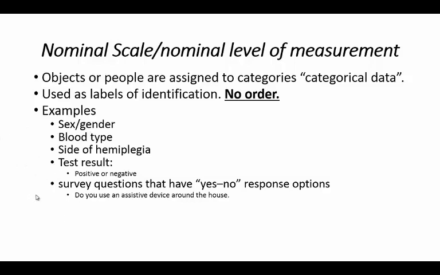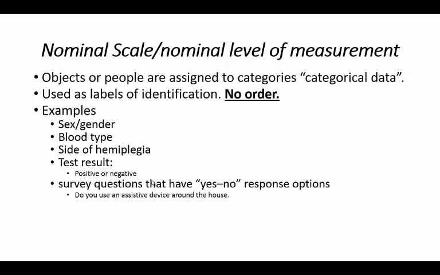If you have a patient with hemiplegia, it's either right side or left side. Test result again, positive or negative. Keep in mind that this is, yes, again a dichotomous scale, but it's also nominal because I am naming or categorizing.